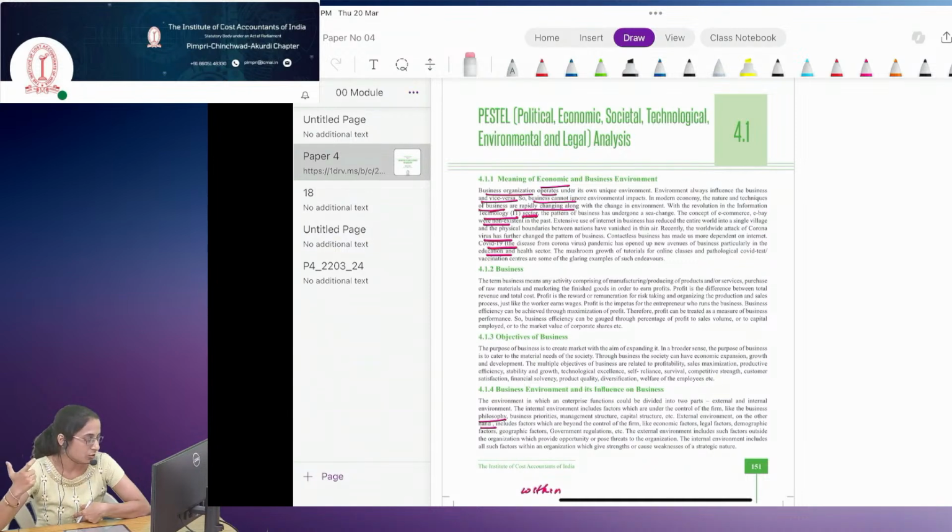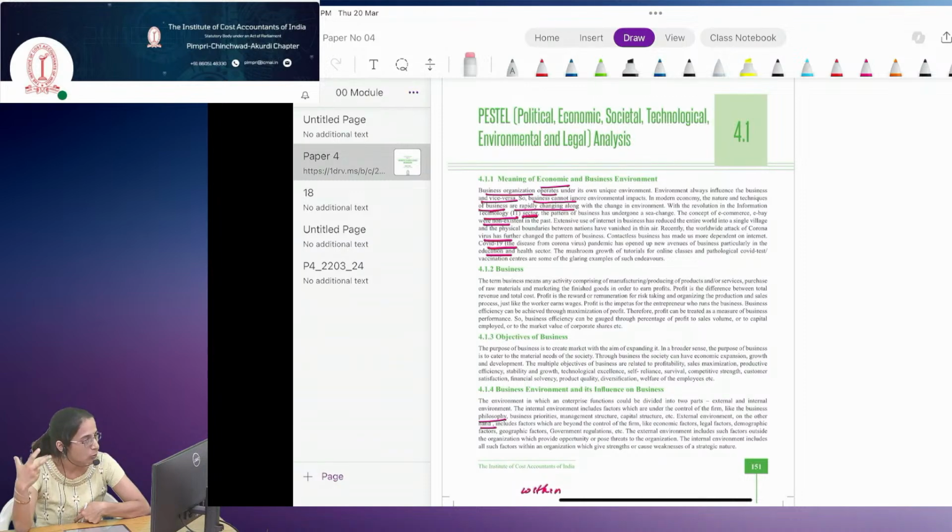Economic means proper infrastructure facilities being available in that particular region or country. Other facilities like proper raw material supply, cheap labor, skilled labor in that particular country or area. Then there are societal factors: if I produce these goods, will the general public, according to their taste and preferences, consume these goods? These are the societal factors.